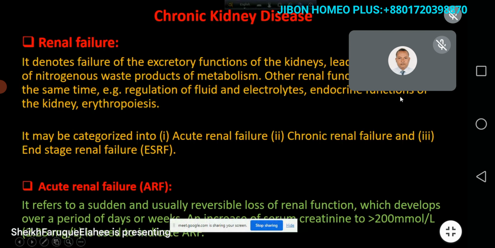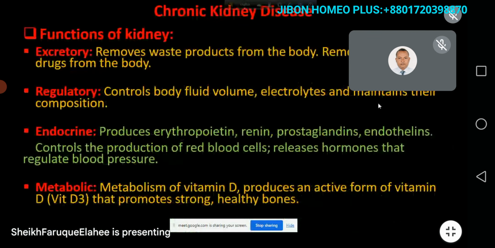And also endocrine function. If you lose the endocrine function, what endocrine function? I told you that there is erythropoietin. The kidney produces erythropoietin. So there will be no erythropoietin, and there will be no stimulation of the bone marrow to produce blood.